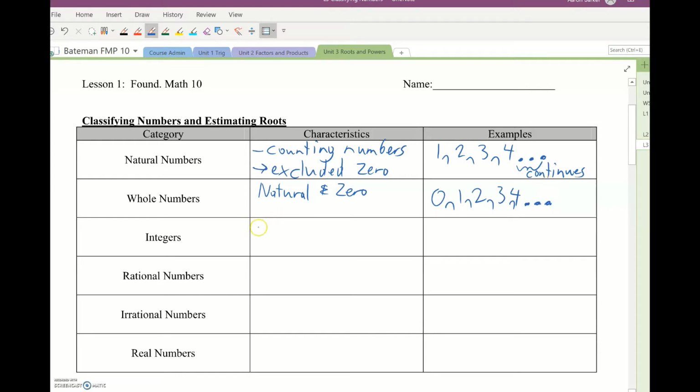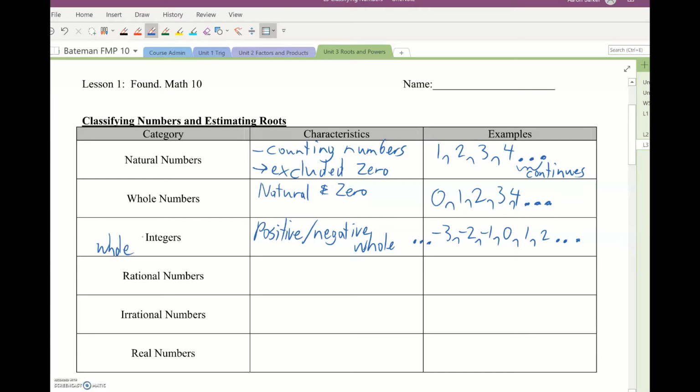Integers are positive and negative whole numbers. For example, -3, -2, -1, 0, 1, 2, and it continues in this pattern on the positive side as well as on the negative side.